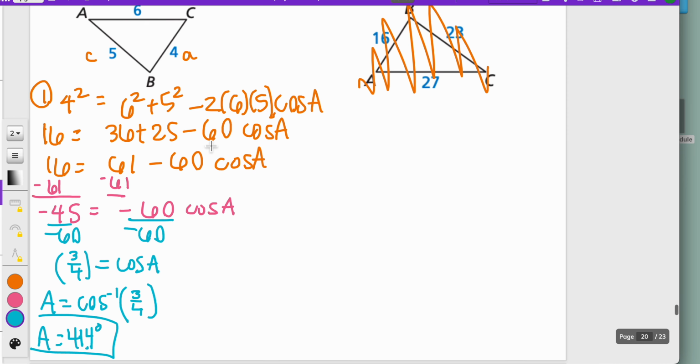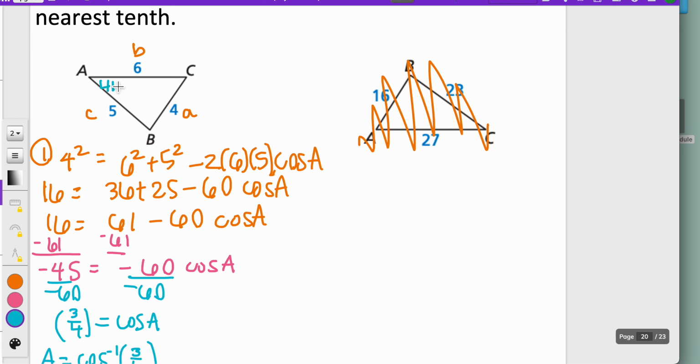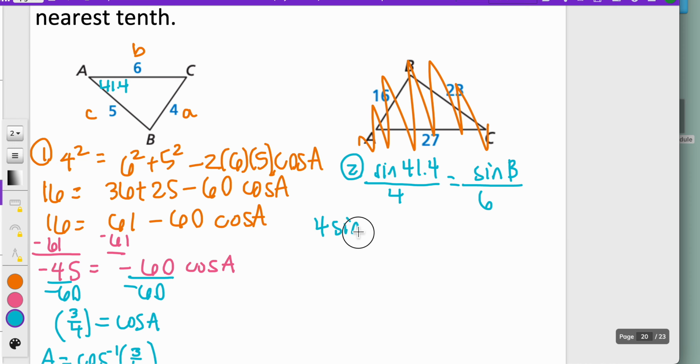Now that we know 41.4, I can now use my law of sines. So the sine of 41.4 over 4 is equal to, I'm just going to do sine of B over 6. So I'm going to have 4 times the sine of B is equal to 6 times the sine of 41.4.